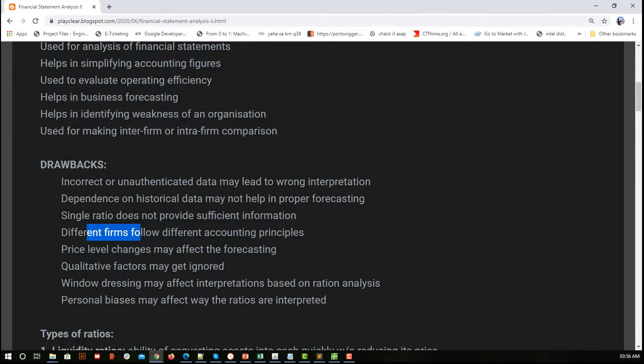Different firms follow different accounting policies. You could ask, when we have a common accounting standard and common policies, how can this come into the picture? When an organization is not following a specific policy, or is using some more policies or principles and deviating from the actual accounting standard, they back up the deviation with proper reasoning.